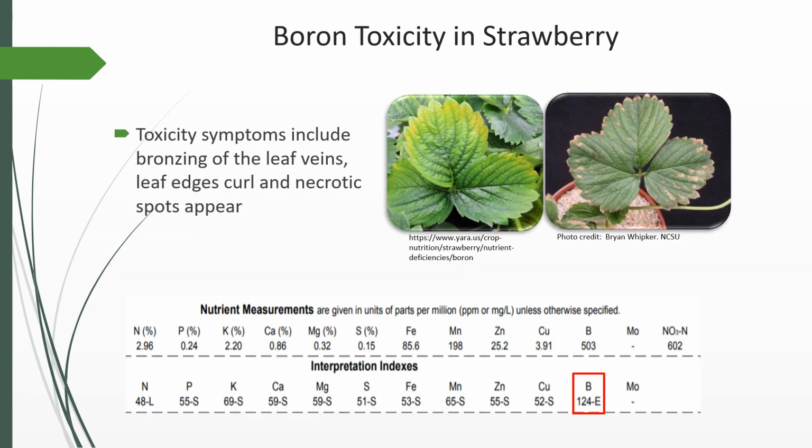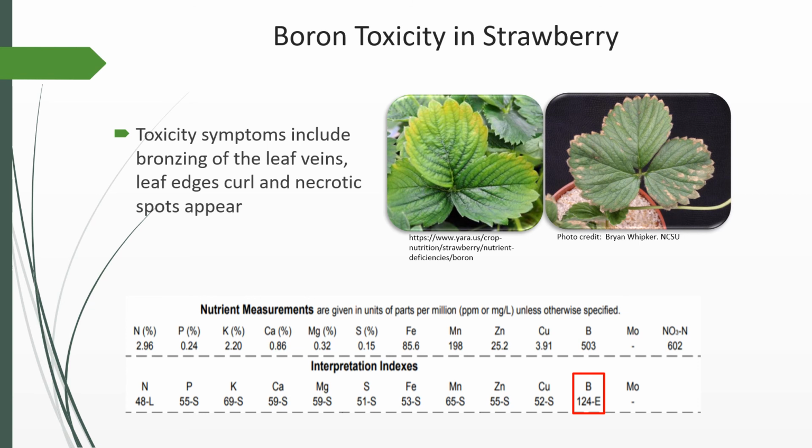So what do we do if boron toxicity shows up in strawberry plants? Boron toxicity appears as bronzing of the leaf as shown in the picture on the right. The picture on the far right shows necrotic spotting around the edges of the leaf, which is a more advanced symptom of boron toxicity. The recommended boron sufficiency is between 30 and 50 parts per million.